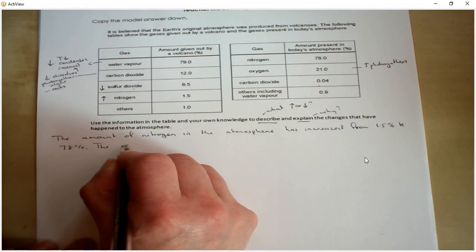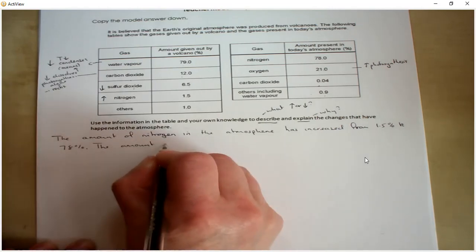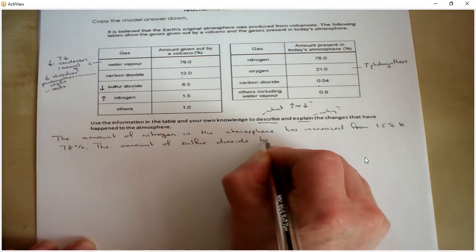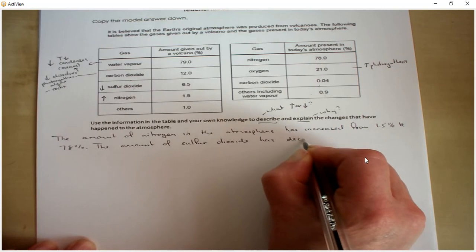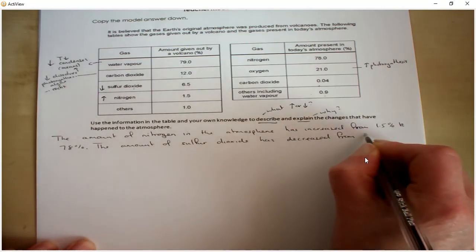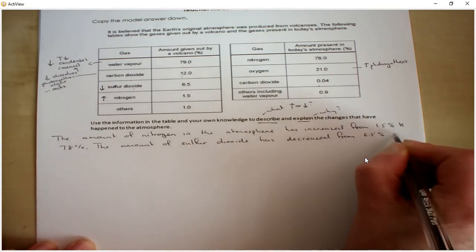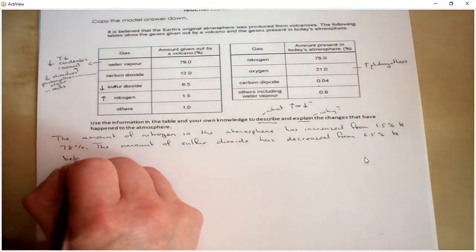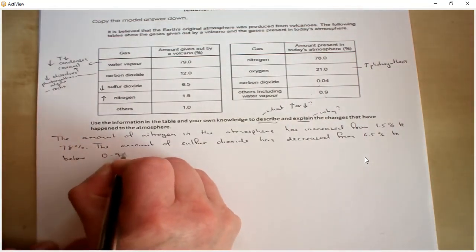And then the amount of sulfur dioxide has decreased from 6.5% to, so it's not in this table here, so it's got to be included in that other, so to below 0.9%.